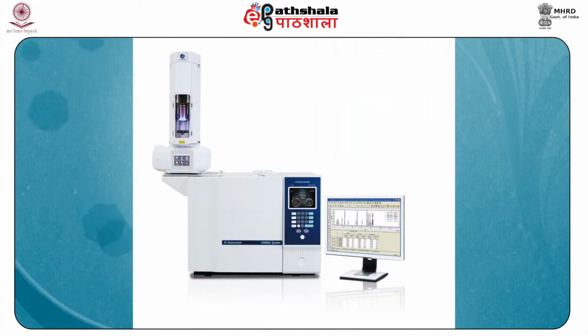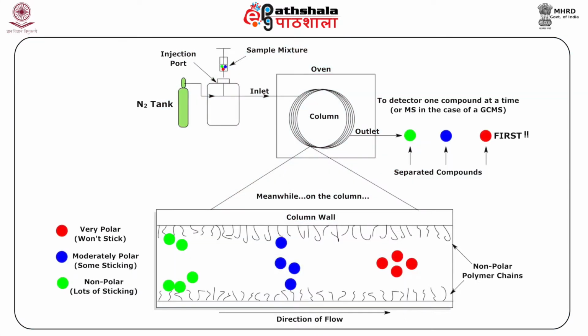Gas chromatography is used to detect the components based on selective affinity of components towards the adsorbent materials. The sample is introduced in the liquid or gas form with the help of a GC syringe into the injection port.